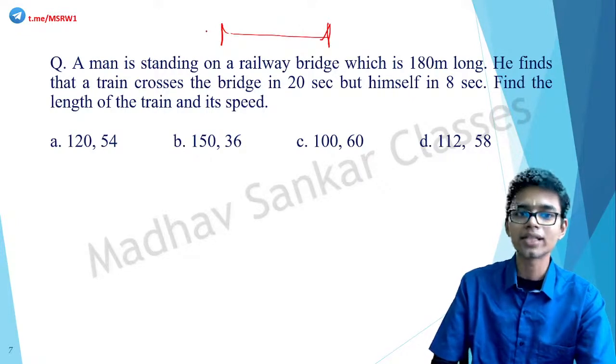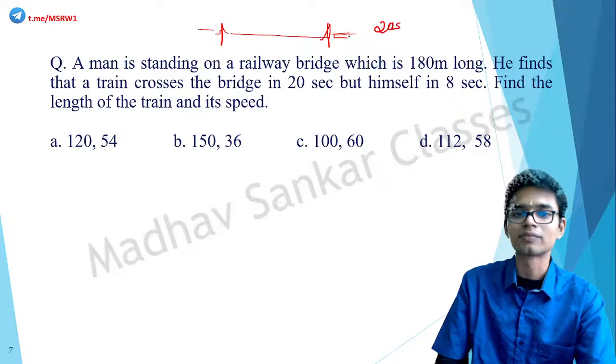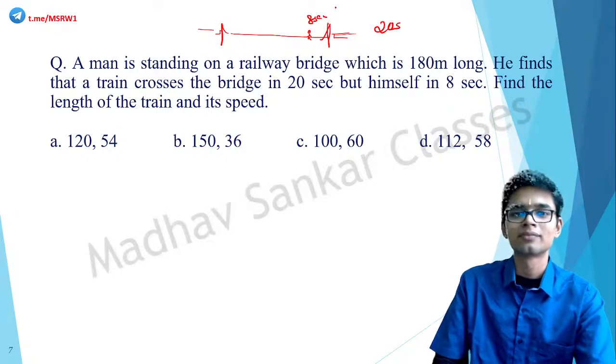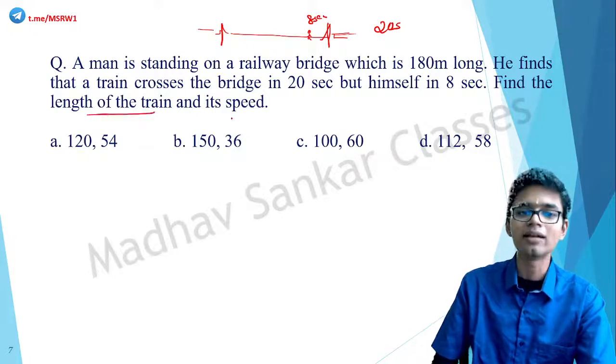The train has completely crossed the bridge in 20 seconds. And a man is standing on this bridge, and the train completely crosses him in 8 seconds. Clear? We have to find the length of the train and the speed of the train.